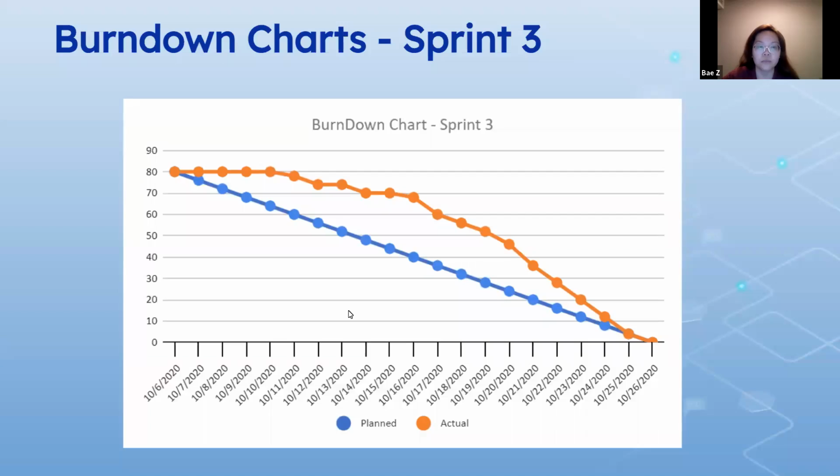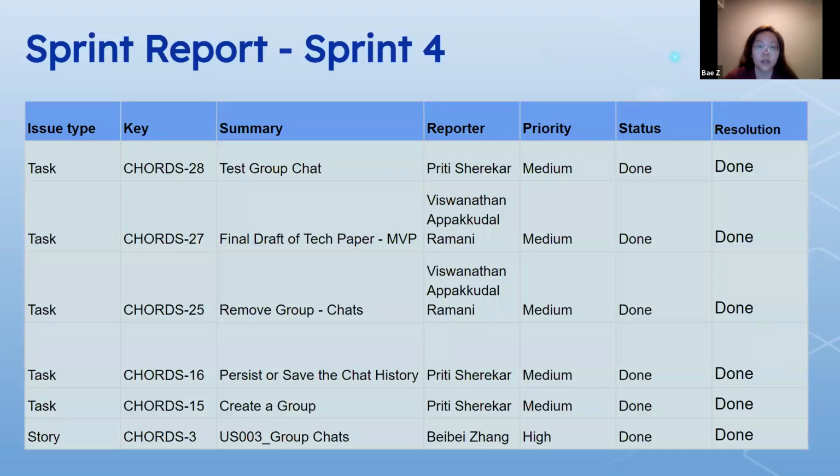So you can see the burn down chart of the third sprint. For the beginning of the sprint, we didn't do much work, but later on for the final week of the third sprint, we start to catch up with what we planned. And the last sprint, we have tested the group chat, and we did the final draft of the tech paper, and we have the persist and save chat history function working, and our project is able to create a group.